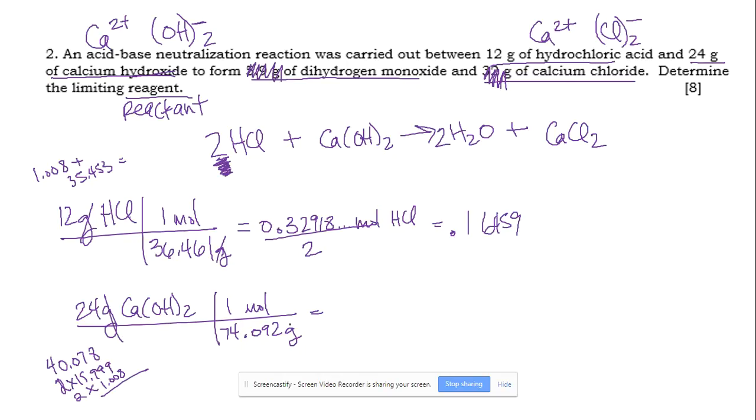I've gotten rid of my grams, turn my grams into moles. Do that division and I get 0.32392, a bunch more numbers, moles of calcium hydroxide, divide by my coefficient from the balanced equation, which is that invisible 1. So that one doesn't actually change at all.